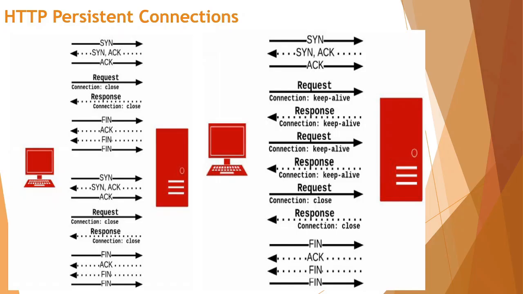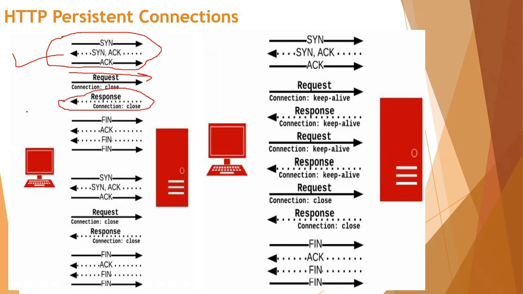So let's discuss HTTP persistent connection. In this diagram you can see that a TCP three-way handshake is happening, and after the three-way handshake, the client sends a request and then gets a response.